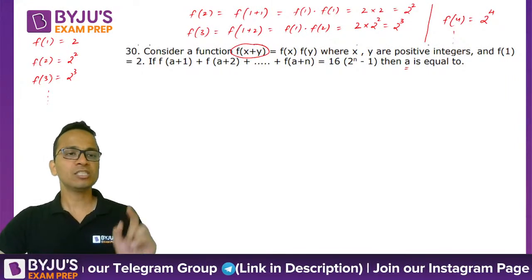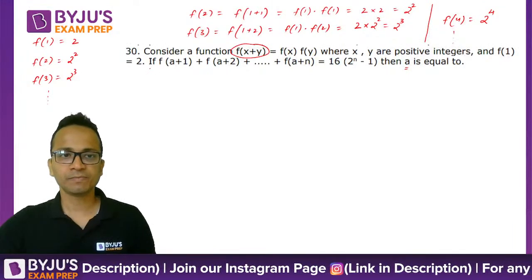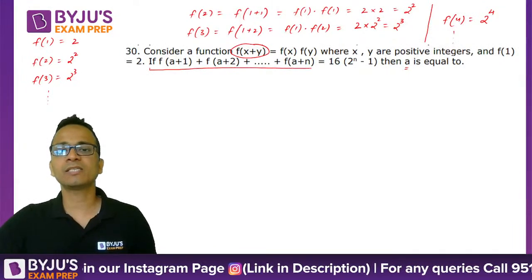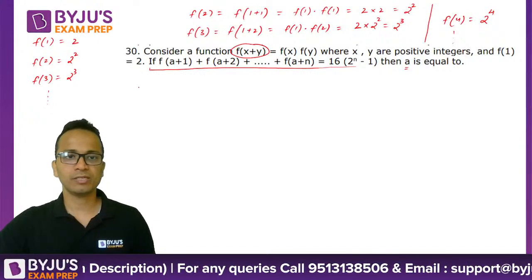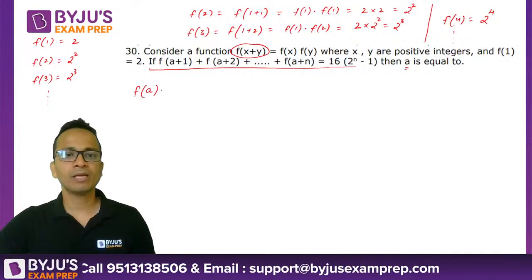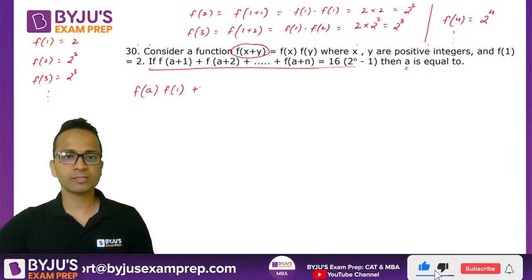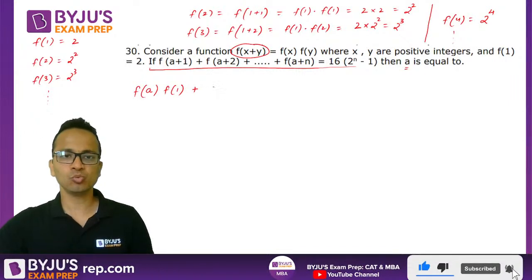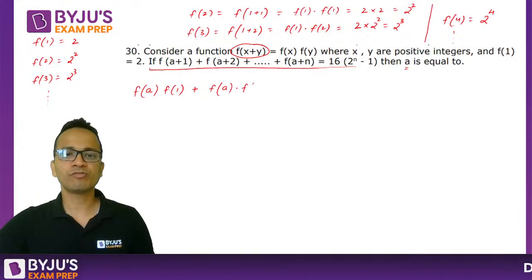So function के अंदर जब 1 2 3 है तो हमें समझ में आ जाता है. ठीक है? Now let us consider this equation that is given. Now f of a plus 1, f of a plus 1 को मैं लिख सकता हूं f of a into f of 1 plus f of a plus 2 can be written as f of a into f of 2.